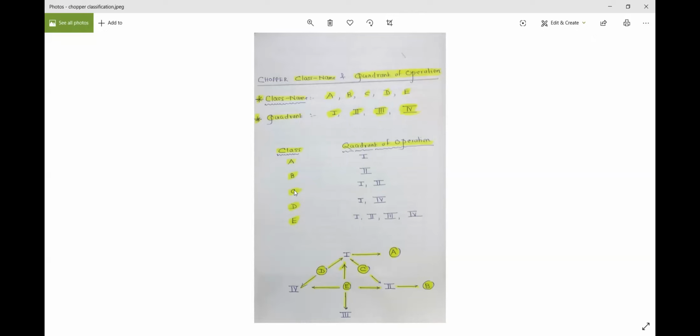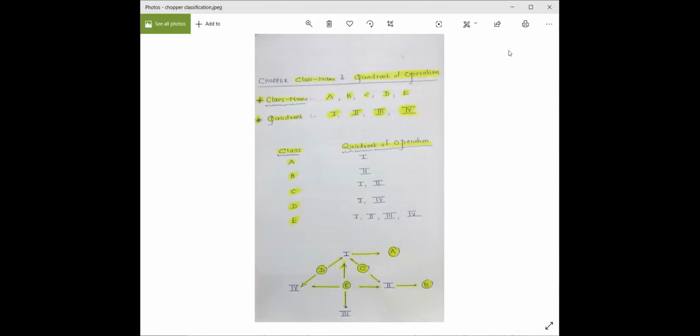And you see here, which class of chopper will give you 1, 2 operation? Class C. Class C, right? Yes. That means, if you want to operate, just a minute. Are you seeing the circuit again?